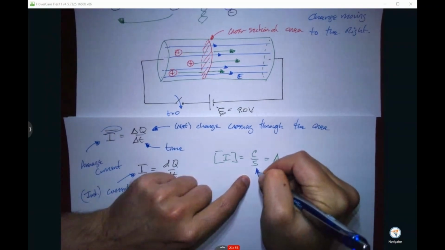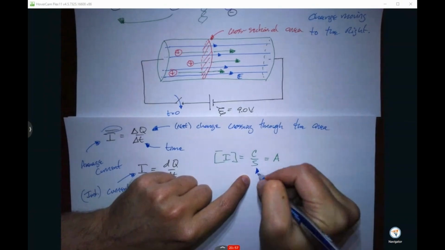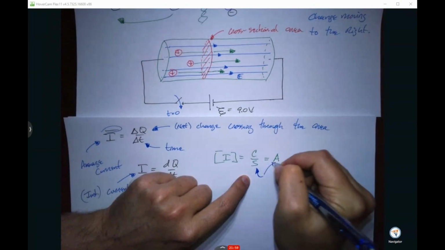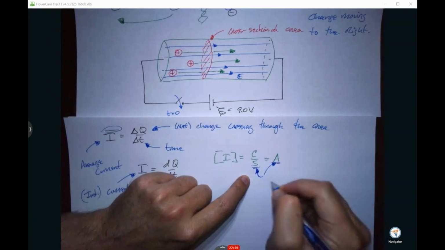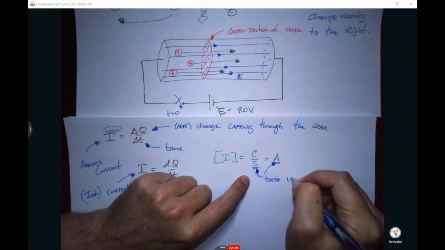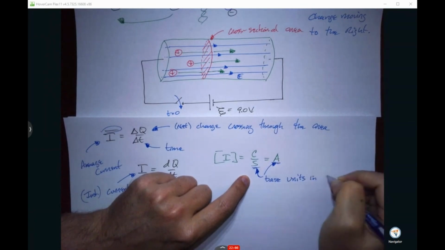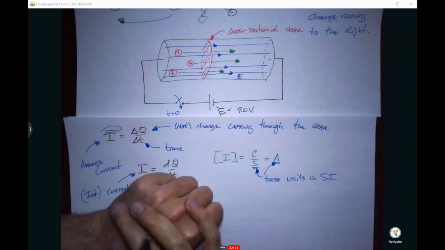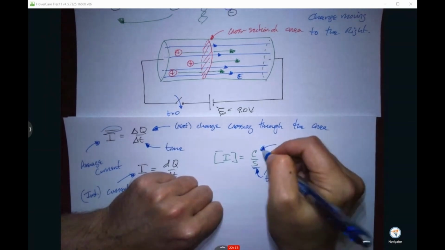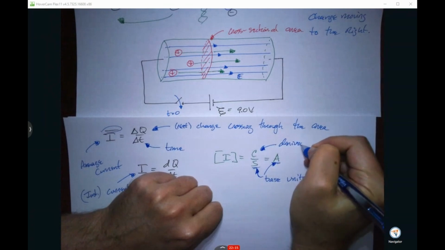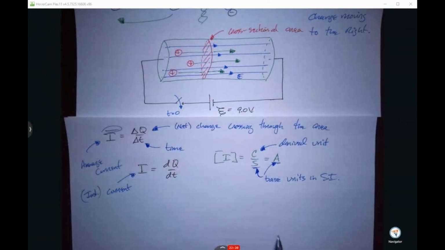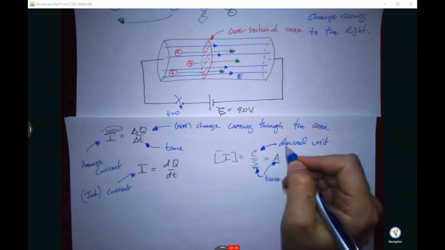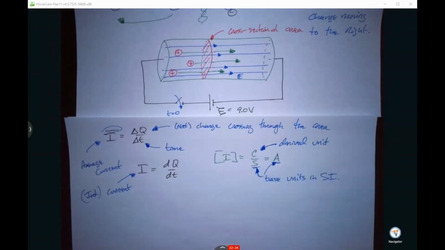In the International System of Units, the SI units, the second and the ampere are base units. Now the coulomb is actually a derived unit. There are 7 base units in the system, and all the other units are some combination of those 7 base units. And so a coulomb is an ampere times a second.